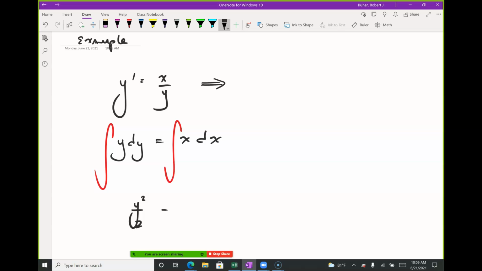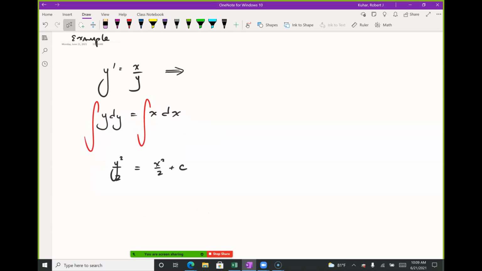Right? On the right-hand side, I get x squared over 2 plus the constant c. Let's get rid of the 2 because we're solving for y. So I'm going to multiply everything by 2. And I get y squared equals x squared plus 2c.